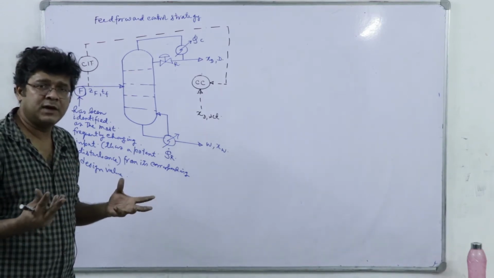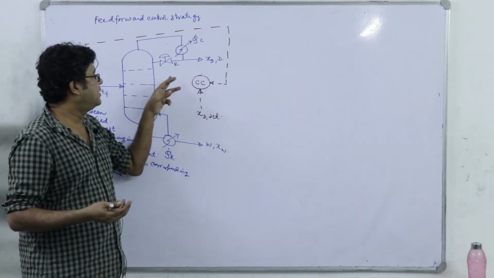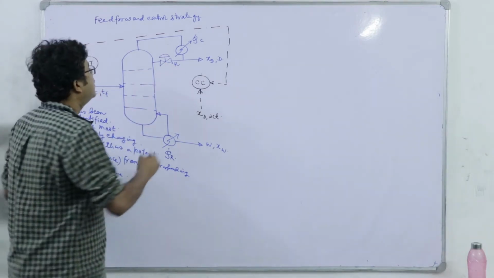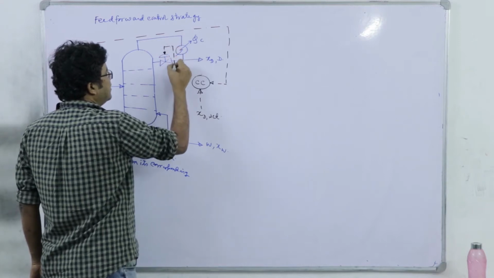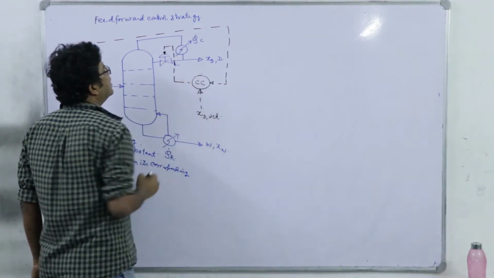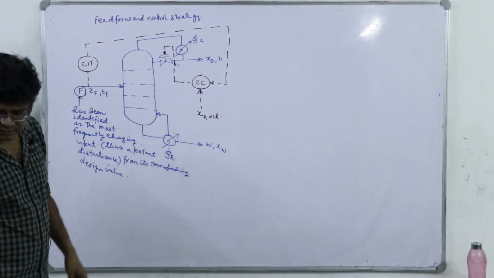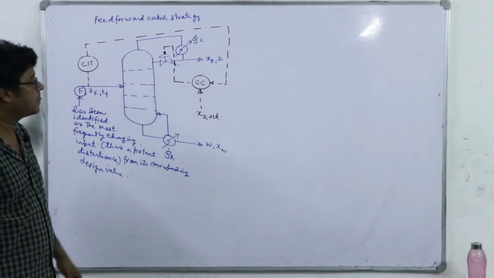It may be some empirical model as well, right. Based on that, it will generate some proposition regarding the change of this reflux ratio, which will be implemented via this final control element, which is the reflux valve or the pneumatic control valve fitted in the reflux line.